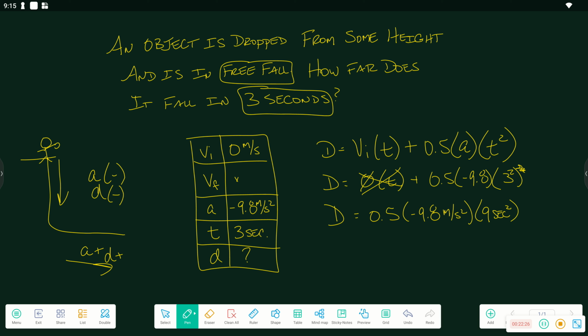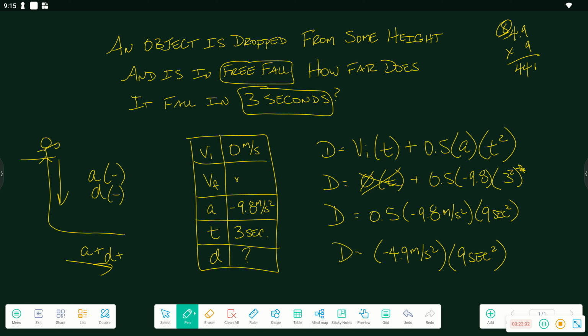All right. So first things first, you can do it either way. It doesn't matter what you do. To me, what I would do is, D equals negative 4.9 meters per second squared times 9 seconds squared. So negative 4.9 times 9. 1, 36, 44.